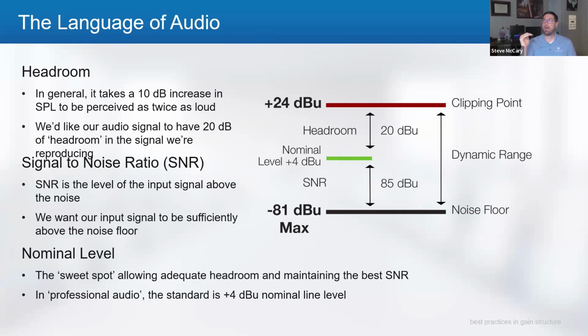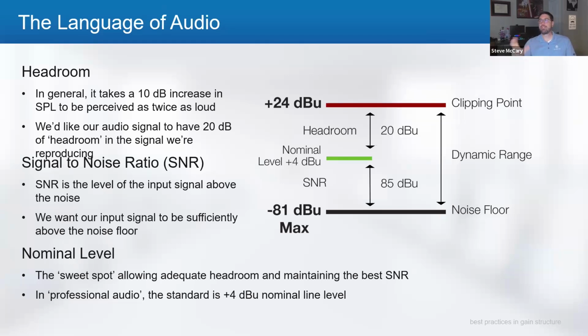Let's talk about our nominal level first. This is sort of our sweet spot. This is where we're ideally looking to have our signal. In professional audio, this is about plus 4 dBu on a line level signal.